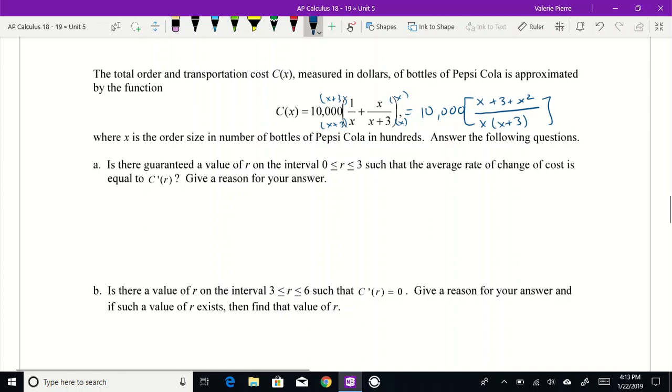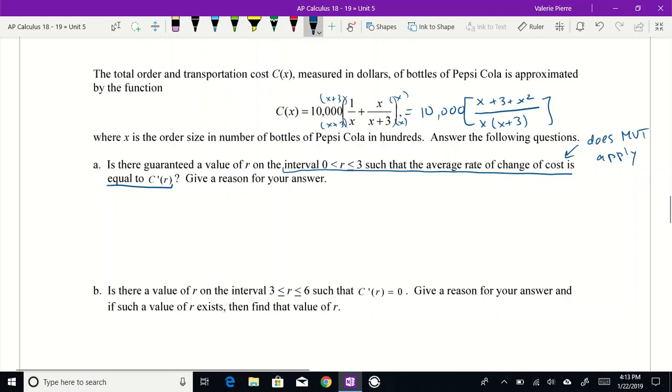So in this question, we're given an interval and we want to know if the average rate of change is equal to the derivative. This question is asking, does the mean value theorem apply? And going back to what needs to be true in order to apply the mean value theorem, we need to make sure that the function is continuous on the closed interval and differentiable on the open interval.